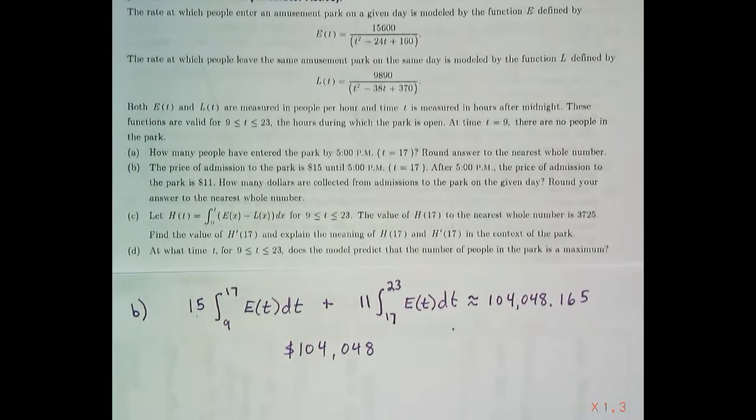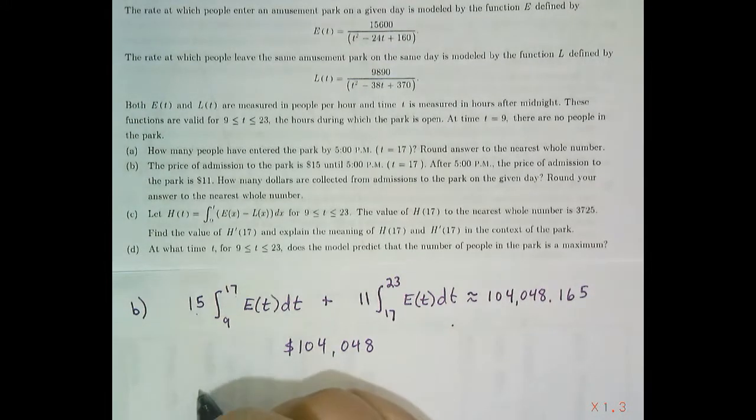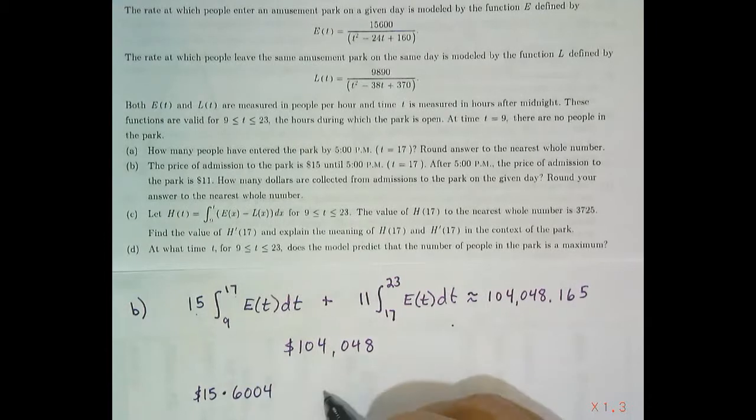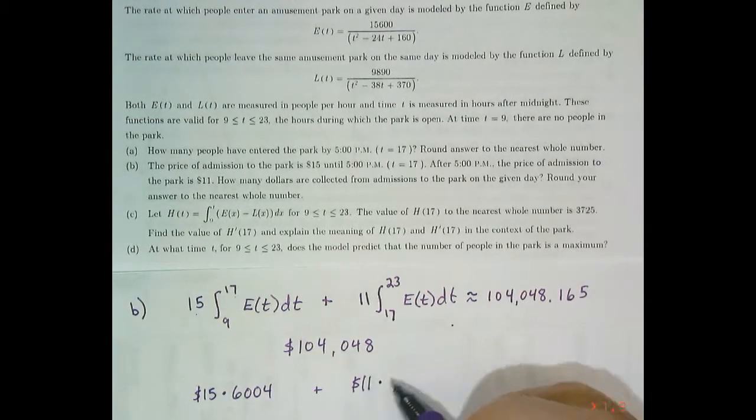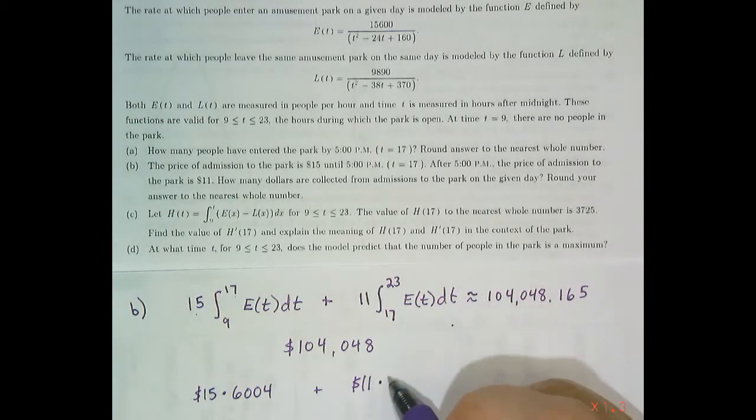This could probably be broken down into a slightly different approach where you look at these independently and you're like, I earned $15 times 6,004 people, and then to that I earn $11 times this integral being 1,271 people.